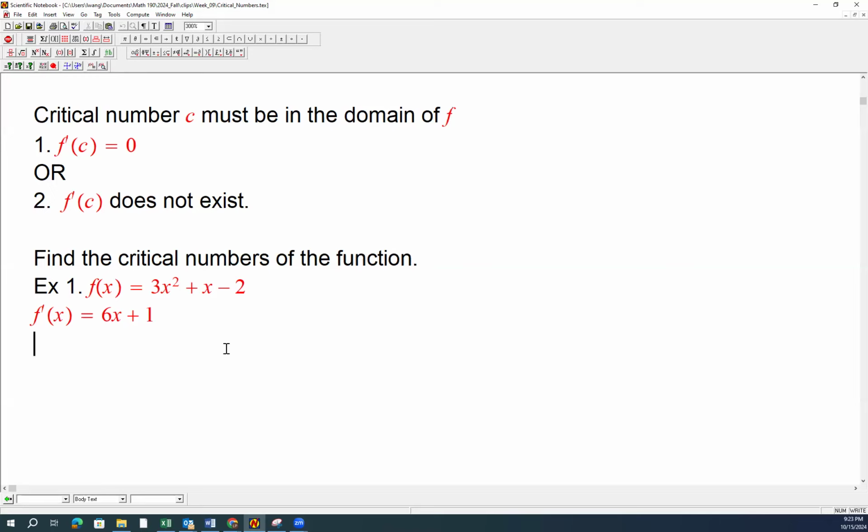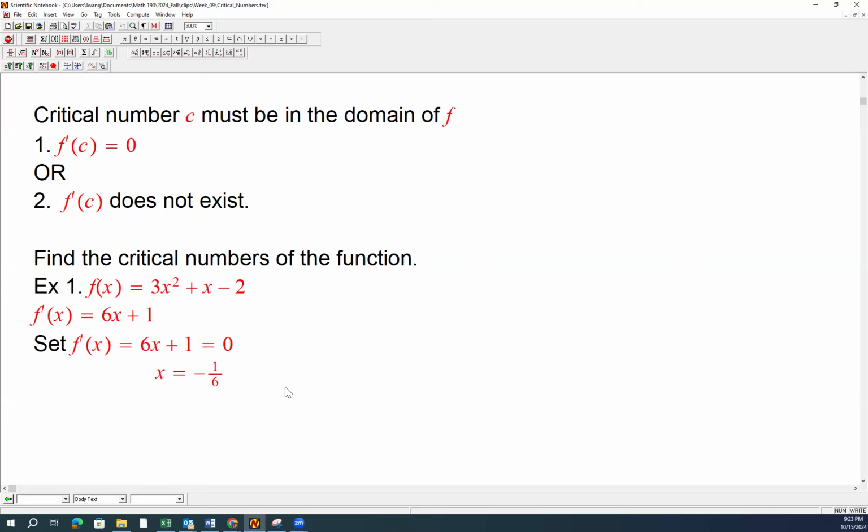And we set the first order derivative equal to 0, and we get x equals negative 1 over 6.